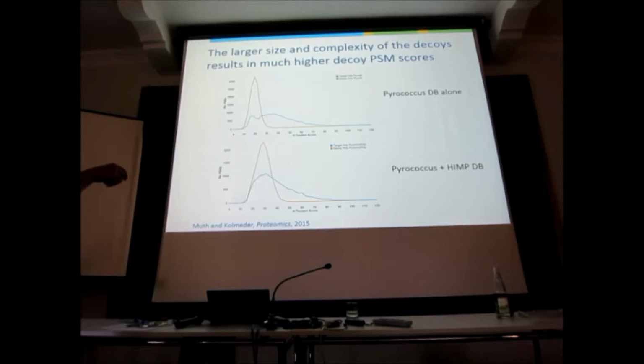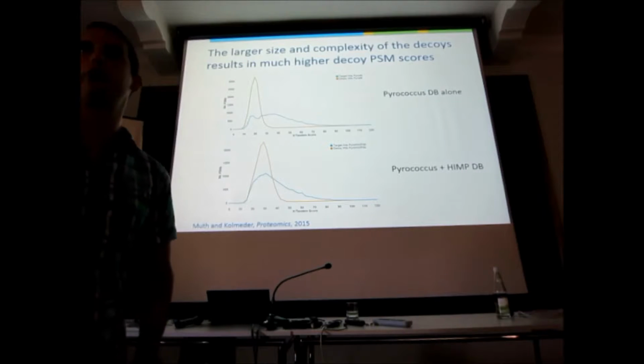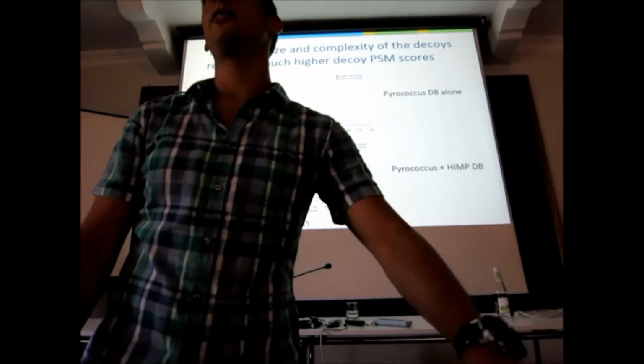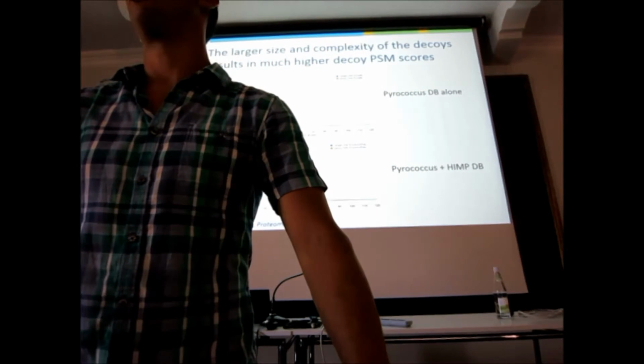Now, there's another effect that you should notice. This blue curve actually goes up dramatically. You see that difference? It gets boosted, especially here. And the reason why it gets boosted is because it gets a lot more crap hits as well, that's here. But it also gets more good hits. Or so we think, because keep in mind that we're searching Pyrococcus data against prokaryotic organisms.